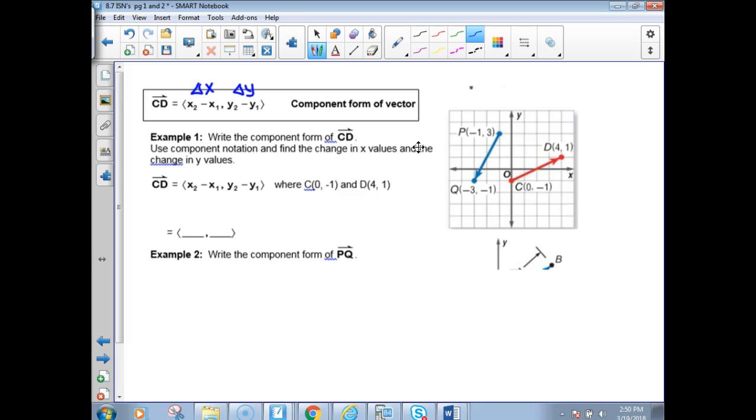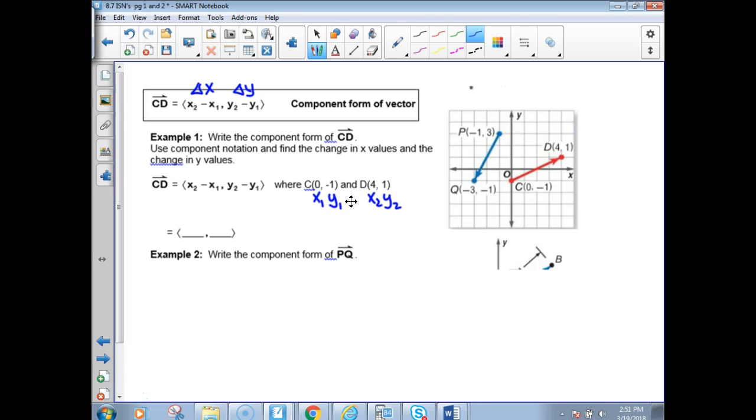So we're going to write the component form for vector CD. Notice that it doesn't go to the origin. It's just starting at 0, -1 and ending at 4, 1. So the point 0, -1, that's your x1, y1. And the point D is your x2, y2, because that's where the arrow is, or the tip of the vector.